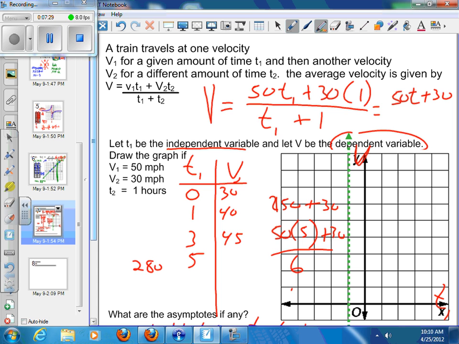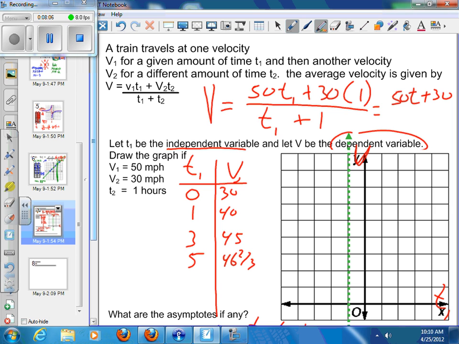So we have 280 divided by 6. 6 goes into 46, that'd be 36. So it's going to be 46 and 2/3 because the 6 is going to continue repeating. So 46 and 2/3. And you can see that we're getting close to a number, but we're not actually touching it. So it looks like we're going to have another asymptote here, one that's going horizontally.